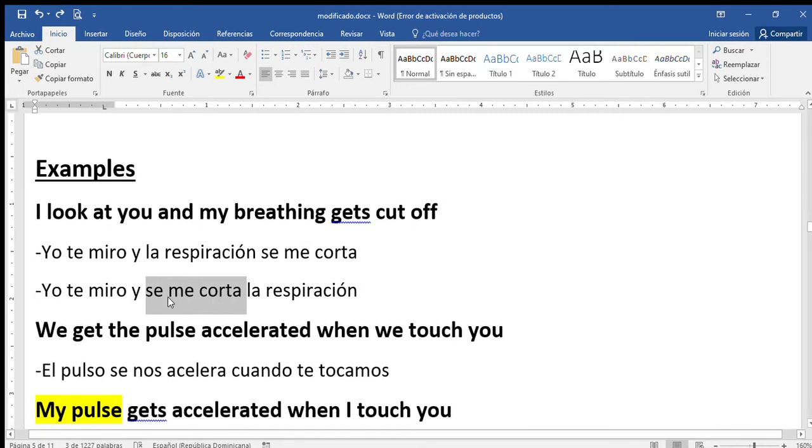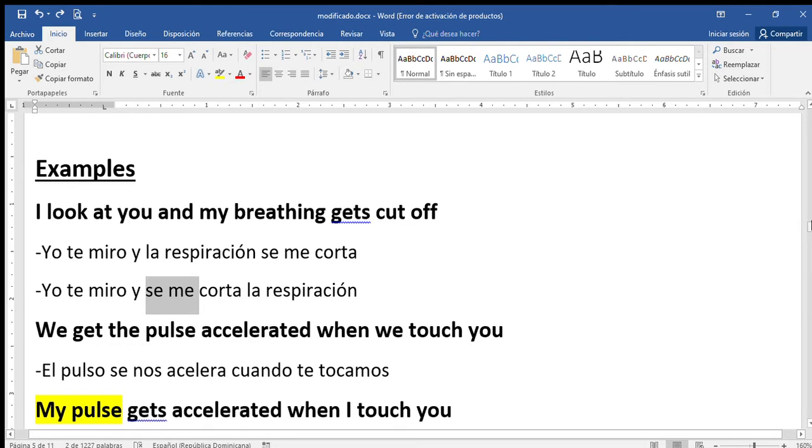So it can be at the end, in the middle, or also at the beginning. "Se me corta la respiración cuando yo te miro," or "si yo te miro." But it always has to be before the verb.